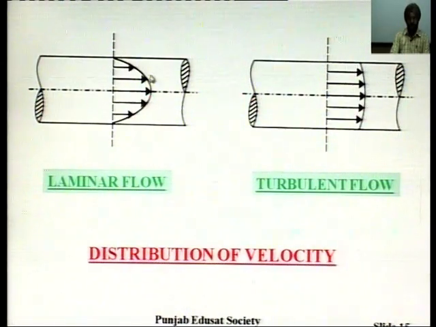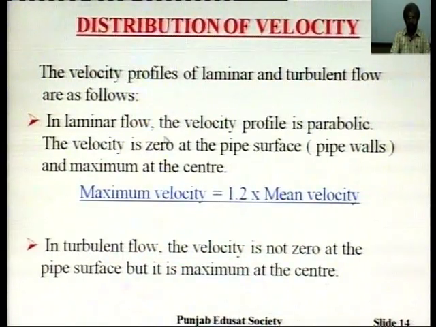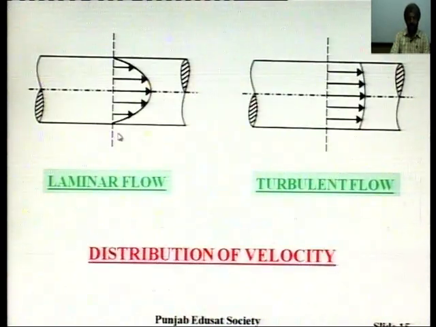The velocity profile in laminar flow is parabolic in shape. Secondly, the velocity is 0 at the pipe surface, that is, at the pipe walls, and it is maximum at the center. Once again, look at this diagram.